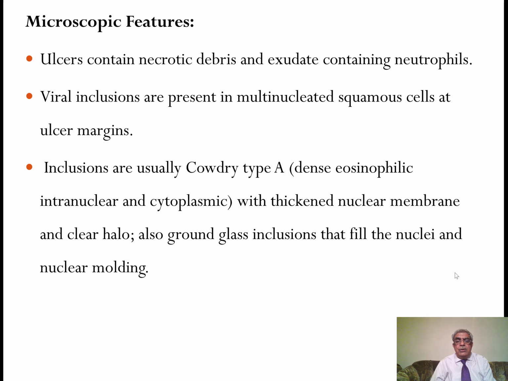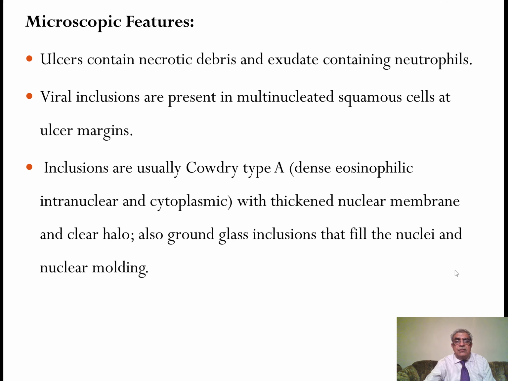Inclusions are usually Cowdry type A, that is, dense eosinophilic intranuclear and cytoplasmic inclusions, and thickened nuclear membrane with a clear halo. Also, ground glass inclusions that fill the nuclei, and nuclear molding.